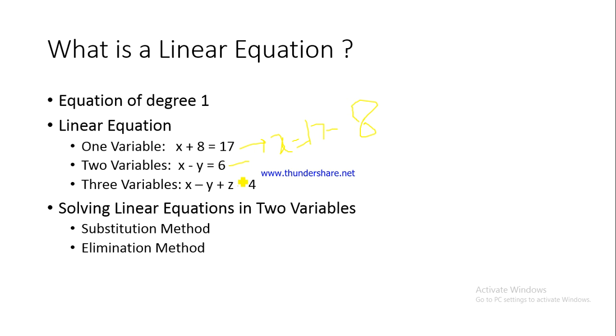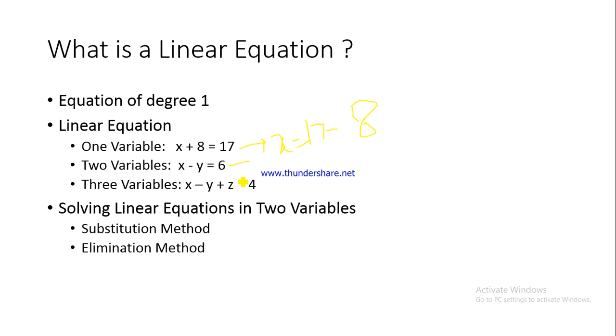In these cases you will have to have 2 equations. Unless you have 2 equations, you would not be able to find out the value of the 2 unknowns. As far as equations in 3 variables are concerned, you again will have to have at least 3 equations to be able to find out the value of each of the variables, each of the unknowns.